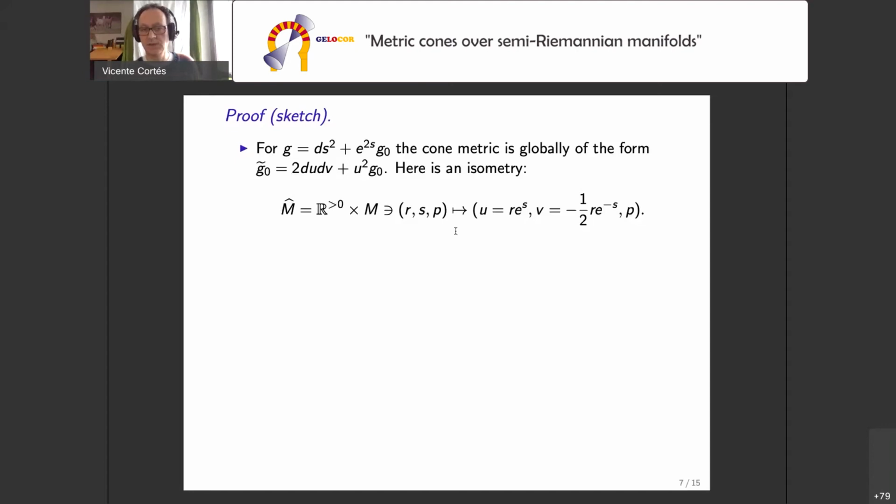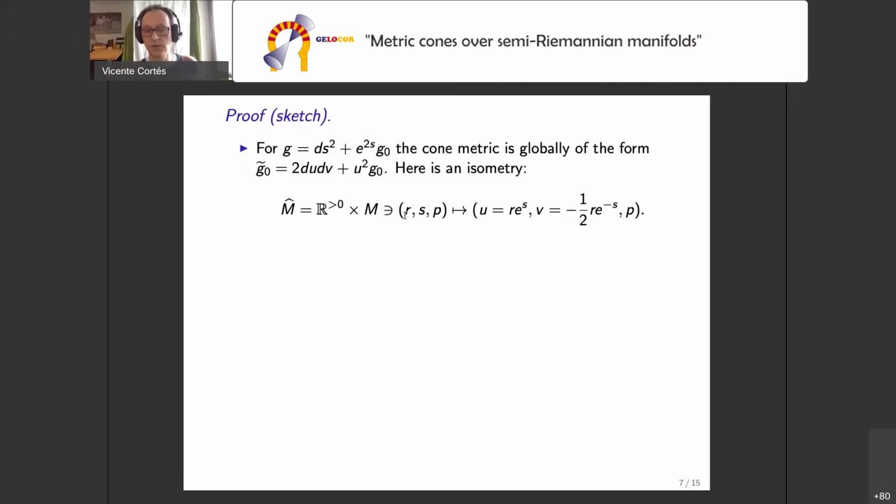And here's an explicit isometry. On the cone, you have the variable r, the radial coordinate. And on the manifold M, you have the coordinate s, because M was a warped product with e to the power 2s as the warping function. And p denotes just a point on the manifold M0. So p is just a label for M0.